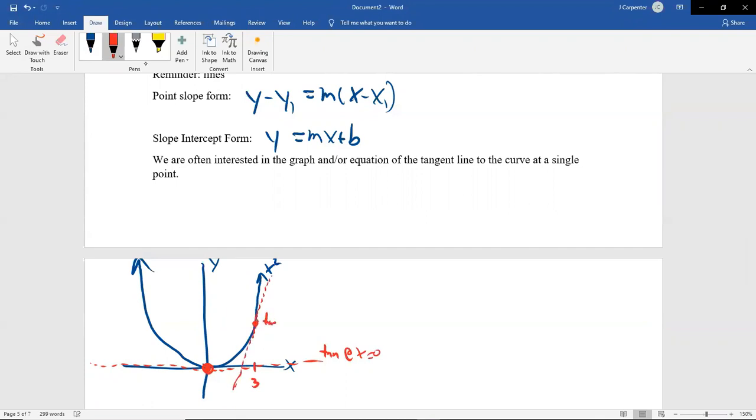There's a tangent line. That is terribly written. I will do that again. At x equals 3. Maybe over here, this is -6. Here's our very steep tangent line at x equals -6.